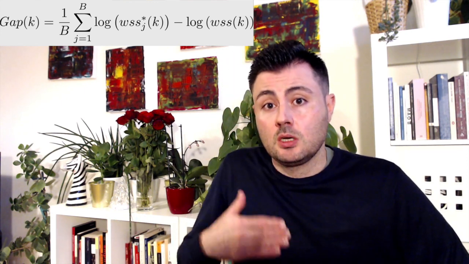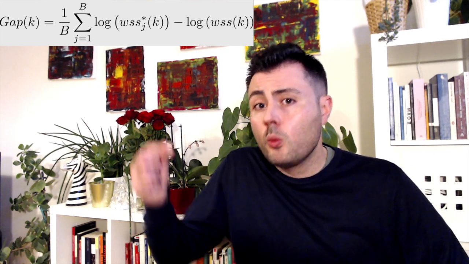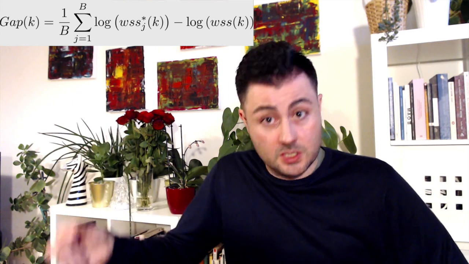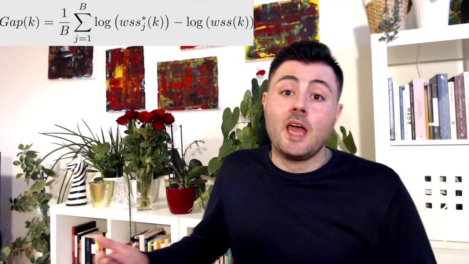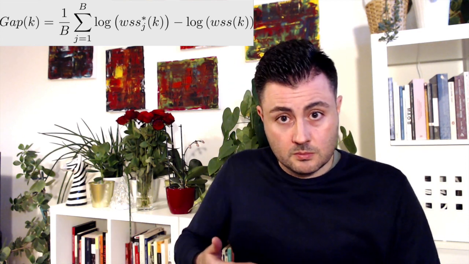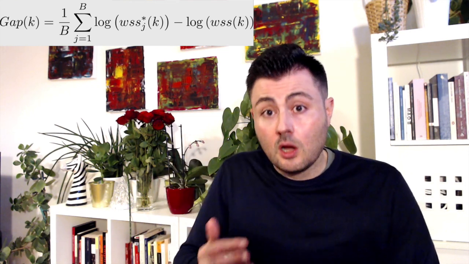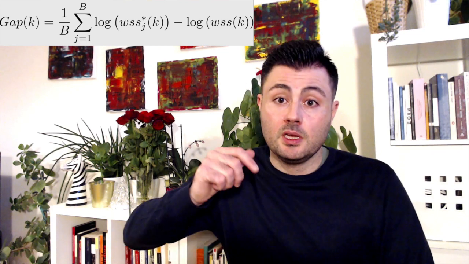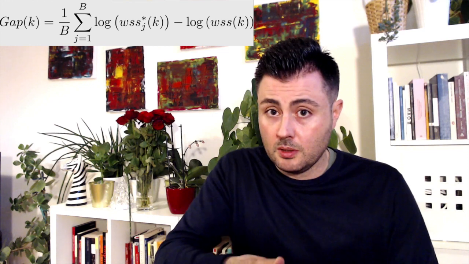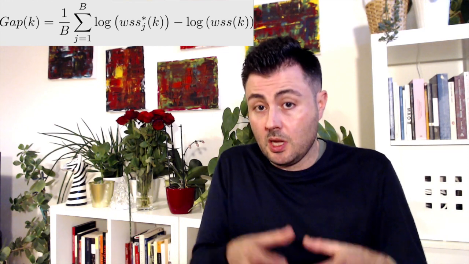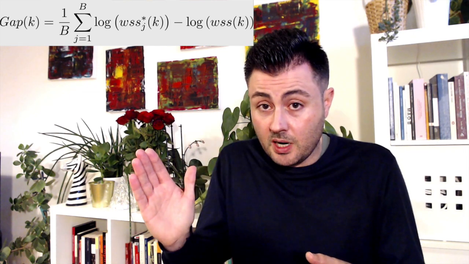And for each of these copies, we run the k-means algorithm with the specific k we are considering. After that, I take the average over the capital B copies of the log of the inertia for the k-means algorithm applied to every single copy. So for every single bootstrap copy, I run my k-means algorithm with the specified k.